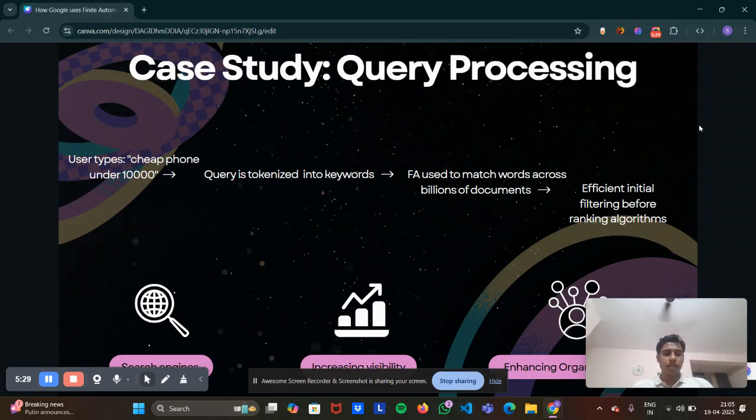What's amazing is how such a basic computational model plays a vital role in one of the most complex search engines on earth. So, the finite automata here is used to match words across billions of documents, and later ranking algorithms are applied.